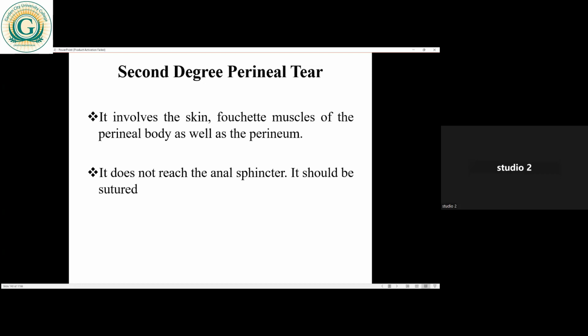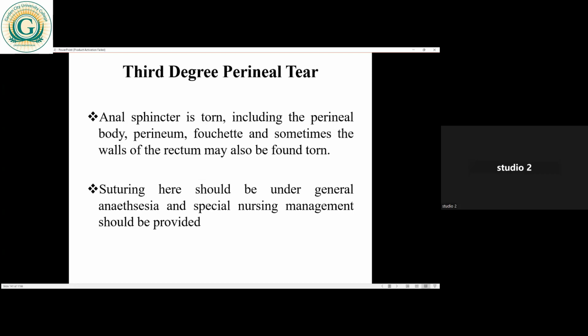And then we have the third-degree tear, when the anal sphincter is torn. In other words, the fourchette, the skin, the perineum, and the rectum are completely torn during delivery. Ladies and gentlemen, this should not happen to a woman who has come to a well-defined maternity home or hospital.